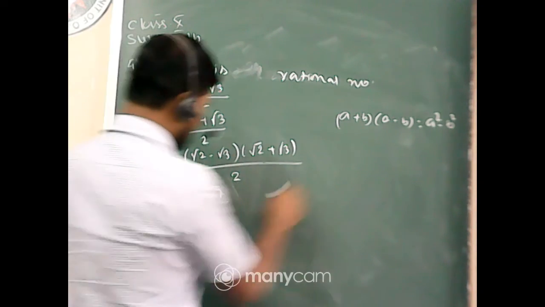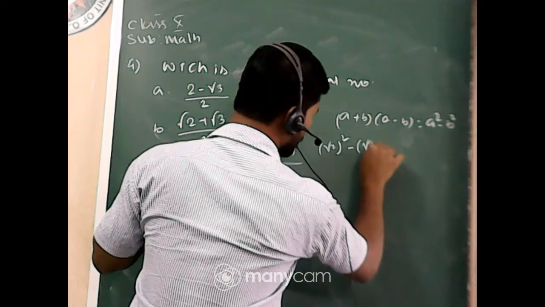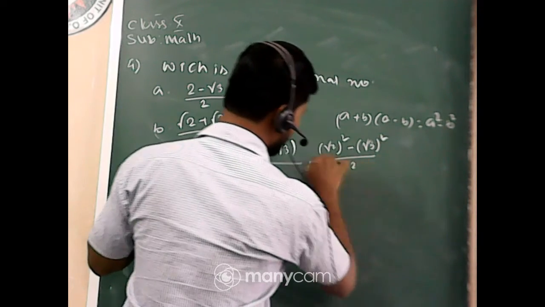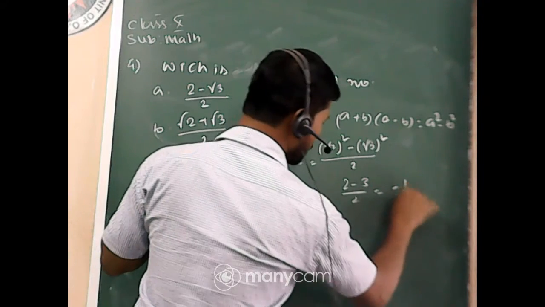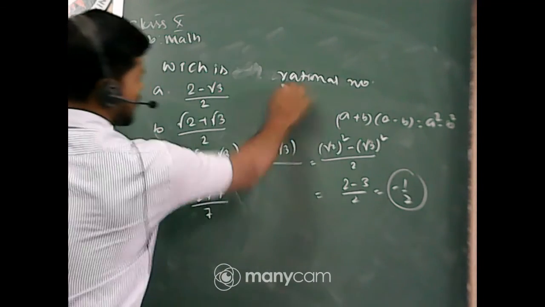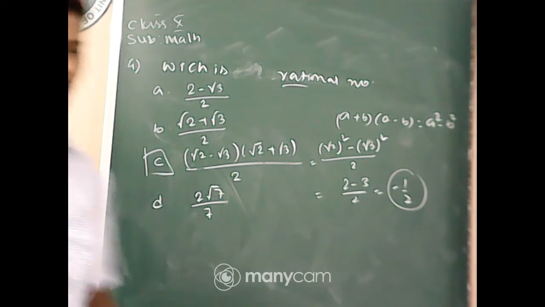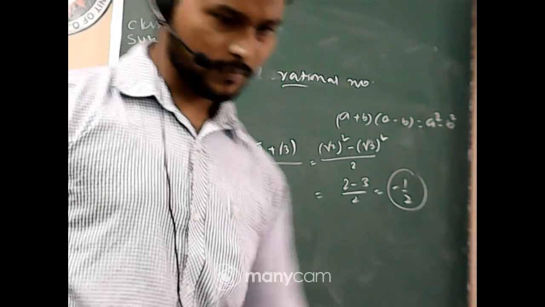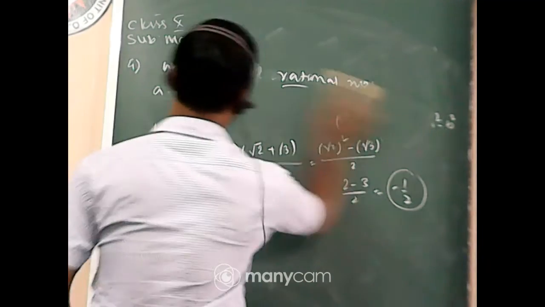If I apply the formula, it will be root 2 whole square minus root 3 whole square, divided by 2, which is equal to (2 minus 3) by 2, that is minus 1 by 2, and we know minus 1 by 2 is a rational number. So our correct answer will be option C. Okay, now the next question.